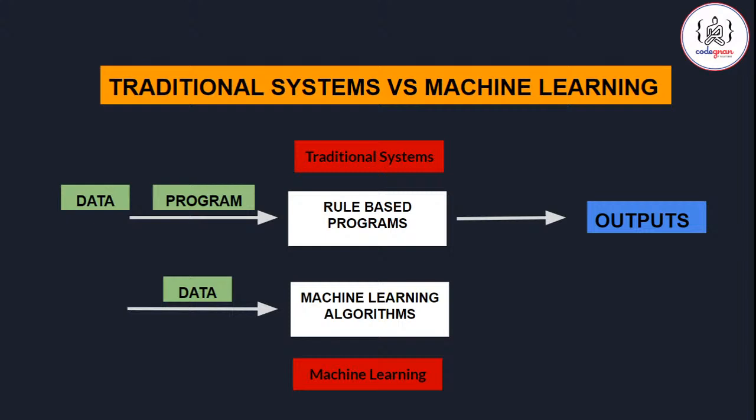You don't have to hard code them or tell them what to do when a particular situation appears. You just have an algorithm, you supply the data to it, and you will have the output. So this is the difference between traditional systems and machine learning.